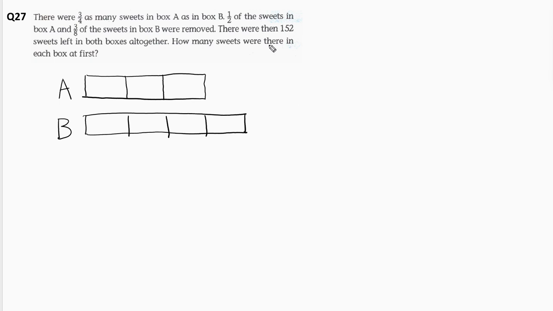So this is the situation at the beginning, and we can label that, because this is a question with a beginning situation and an end situation, and we need to keep track. So this is at first, and so is this.